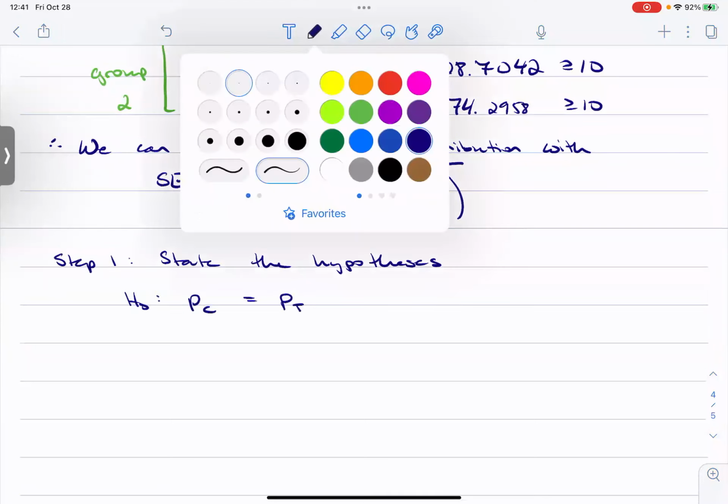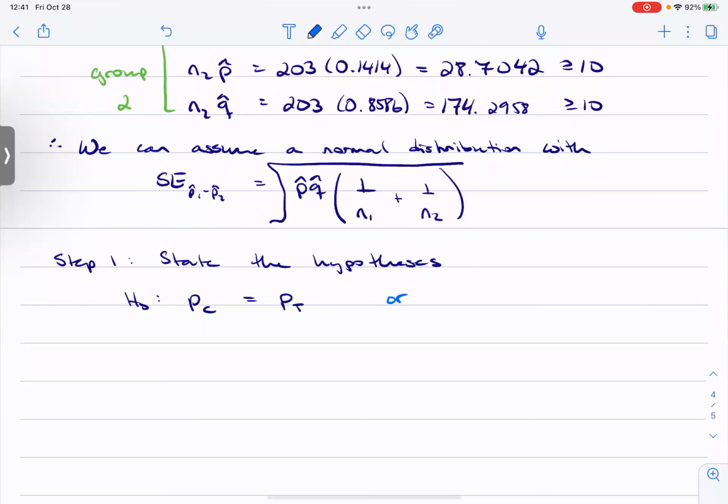Or if you are more proper than I am, the null hypothesis is that the difference in proportions pC minus pT is equal to 0.